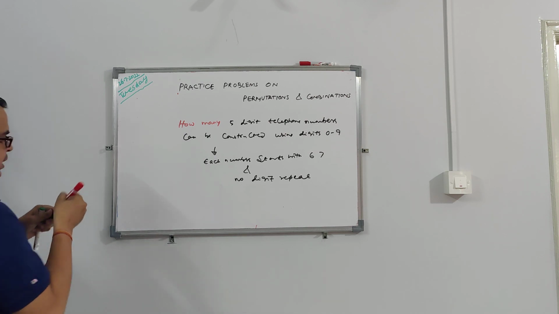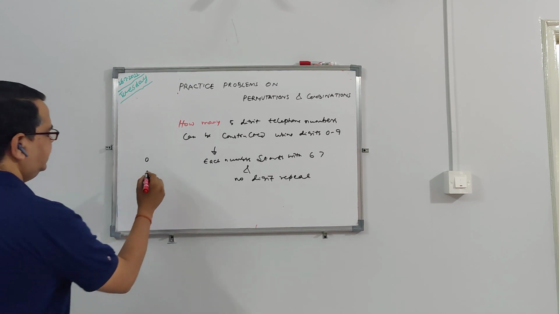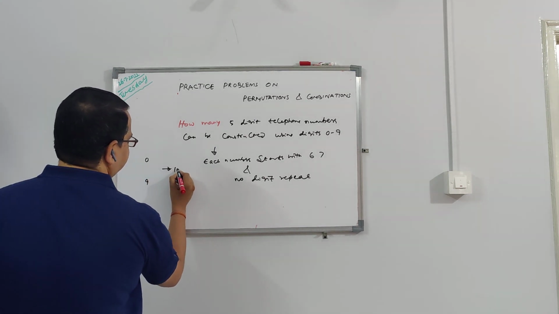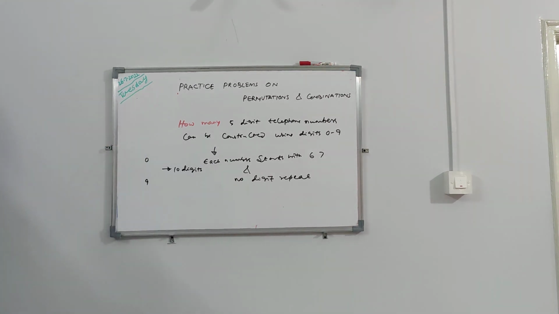So you have digits 0 to 9. How many digits? 0 to 9 is 10 digits. Out of 10 digits, the first two are fixed.